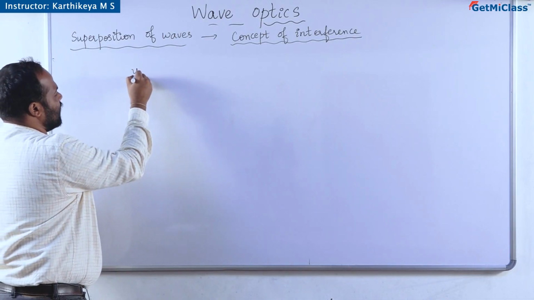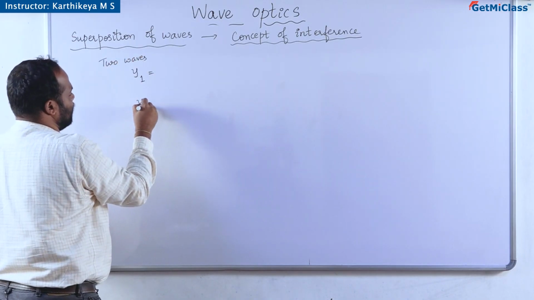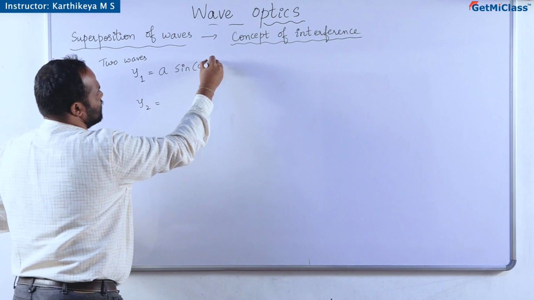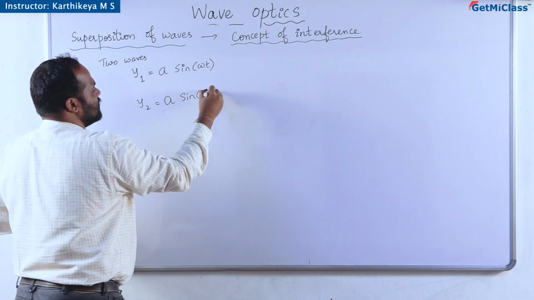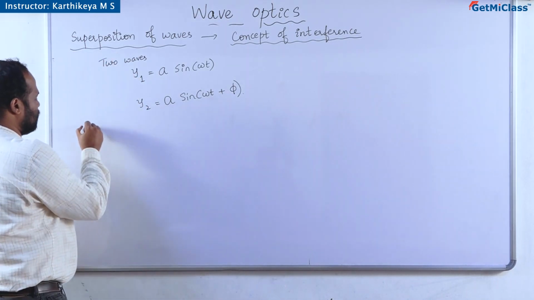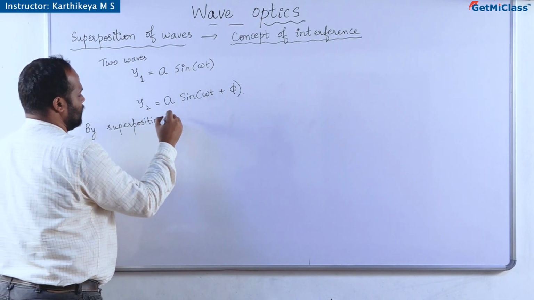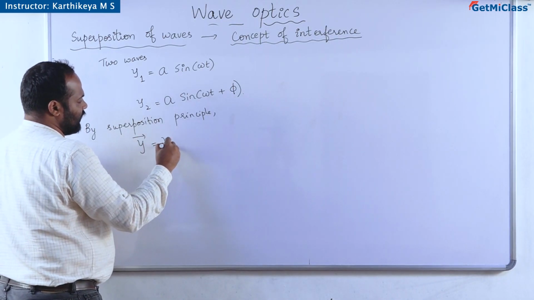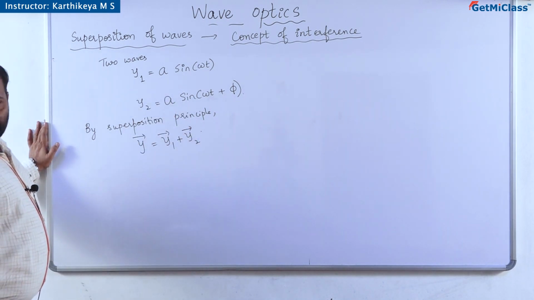If we consider two waves having net displacement y1 and y2, where one wave has an amplitude A and is a periodic function of sine omega t, and another has the same amplitude but differs in phase by an angle phi, then by the superposition principle, as we all know, the net displacement of the two interfering waves is a vector sum of their individual displacements.